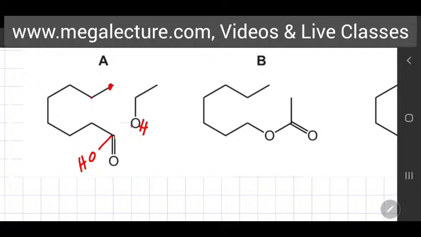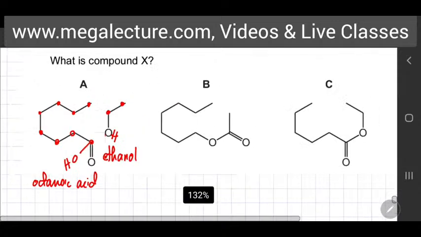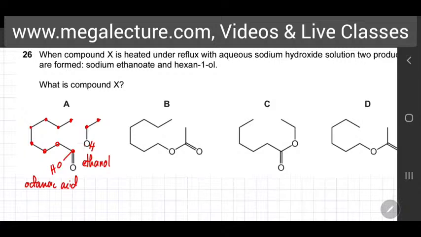This one is 1, 2, 3, 4, 5, 6, 7, and 8. This one is octanoic acid. And this one is an alcohol with 2 carbon atoms, so that's ethanol. So anyways, that can't be your answer because he's looking for, in his case, it's hexane 1-ol and sodium ethanoate.